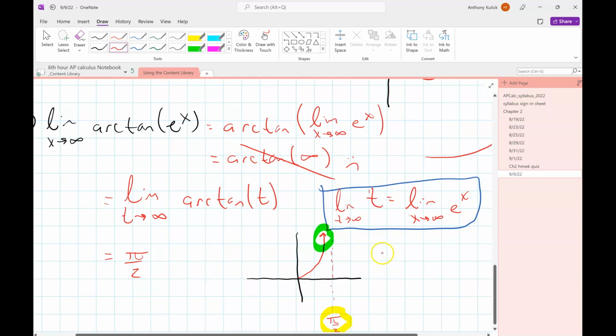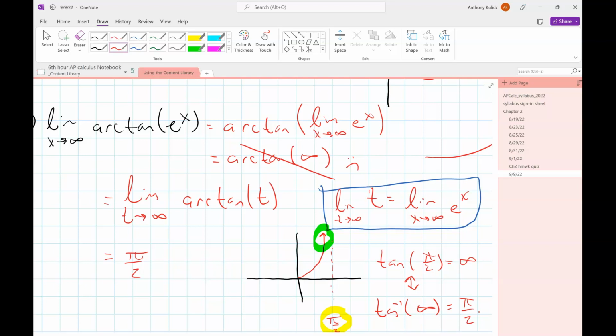So tan of pi over 2 equals positive infinity implies that tan inverse of positive infinity equals pi over 2. Now that's how you could have done this with no calculator at all, but it relied on remembering what the graph of tangent looked like, and maybe you remember that, maybe you don't. But conceivably, that's information you had at one point.